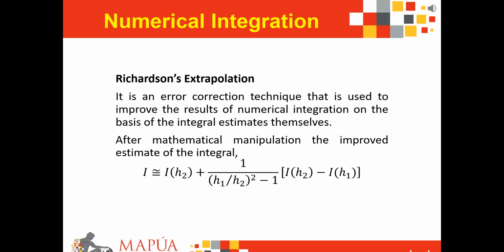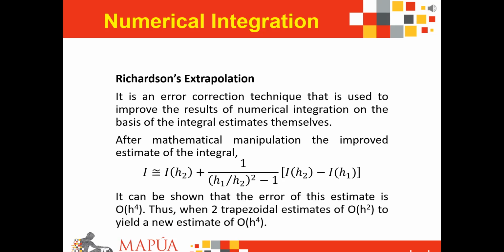So, notice that you end up comparing two integral estimates, one called IH1, the other one called IH2. Okay, so this basic error estimate actually improves your integral estimate depending on how many integral estimates you do use in the extrapolation process.